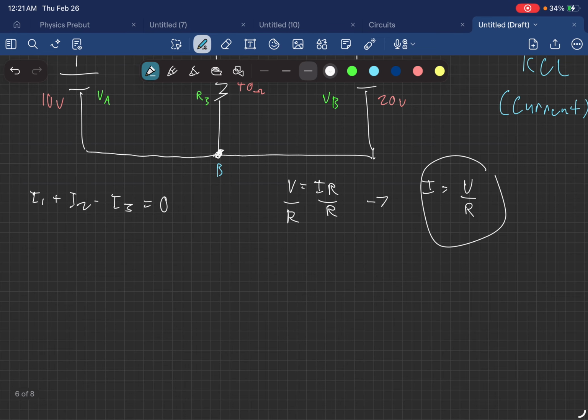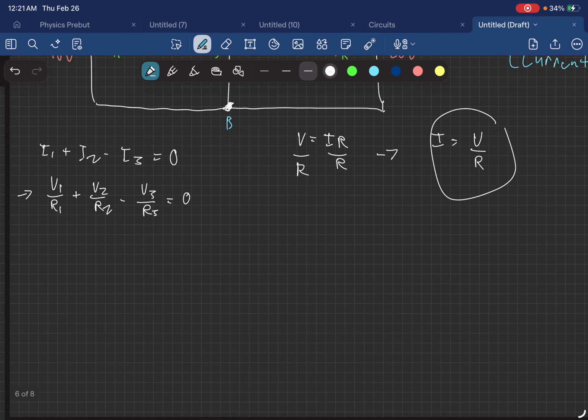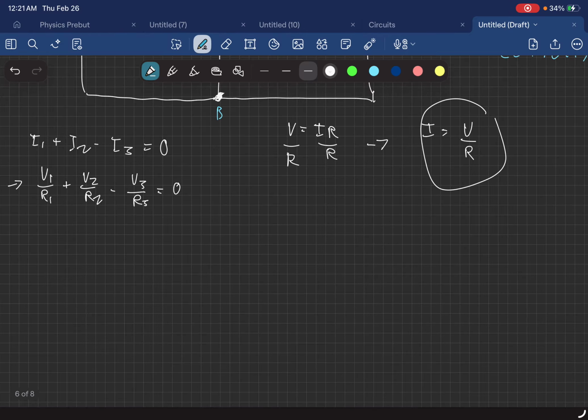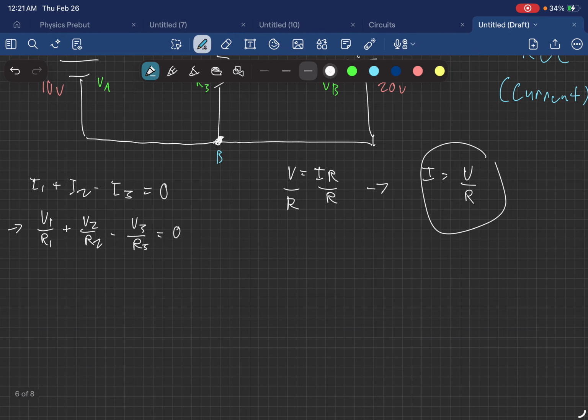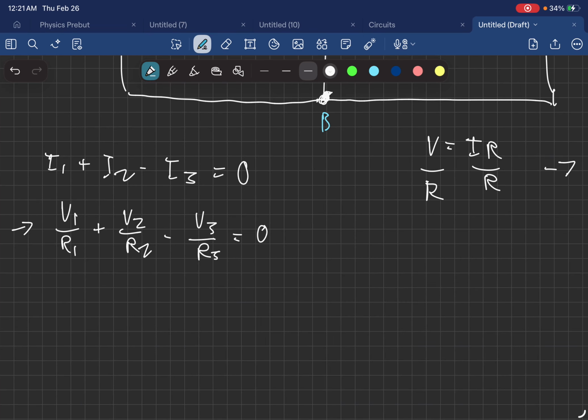So I1 is V1 over R1 plus, I2 is V2 over R2 minus I3, of course, is V3 over R3 equals 0. So what do we do from here? What we want to do is, in algebra, we want to isolate one variable. How can we do that here?